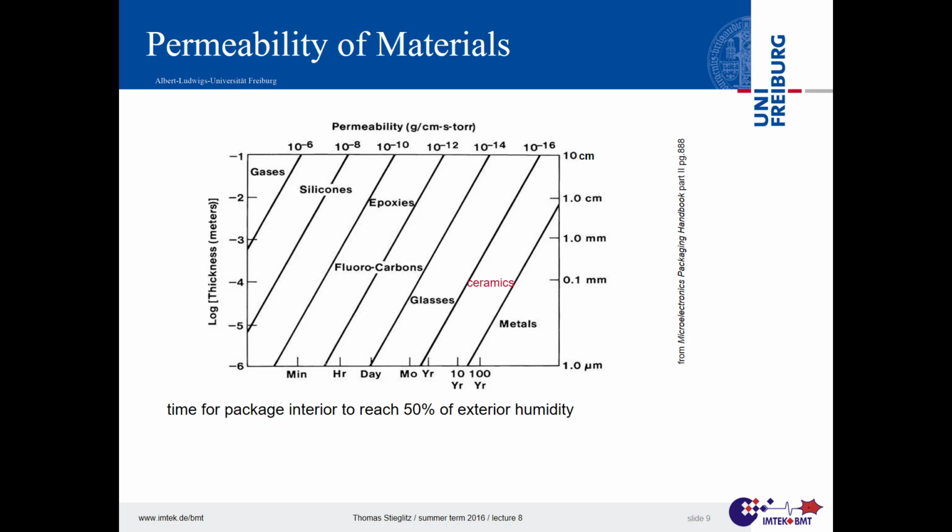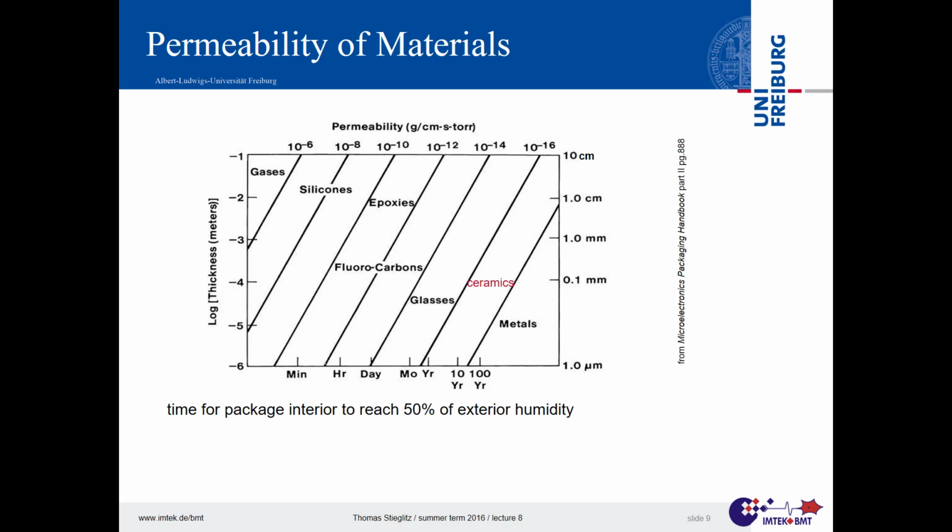The thicker the material is, the longer it takes. And the higher the pressure, the more driving force you have. If you have a pressure gradient from the outside to the inside and you have 2 bar, for example, or hectopascal or whatever unit pleases you most, then it pushes more than having a lower pressure there.